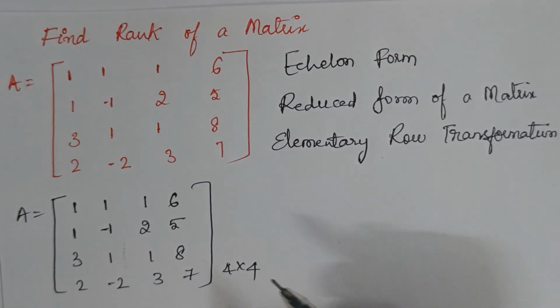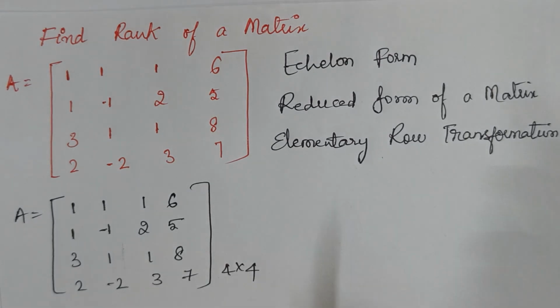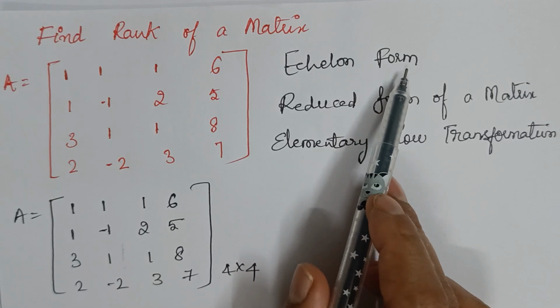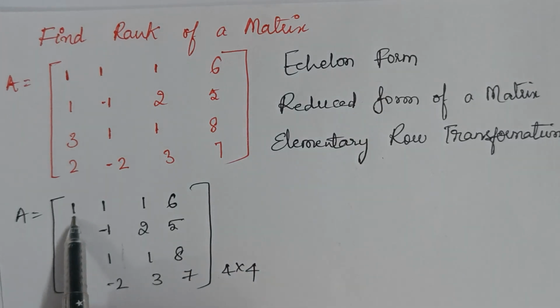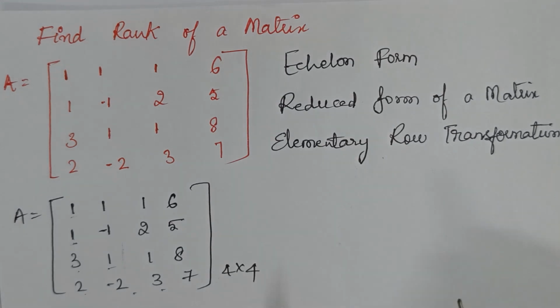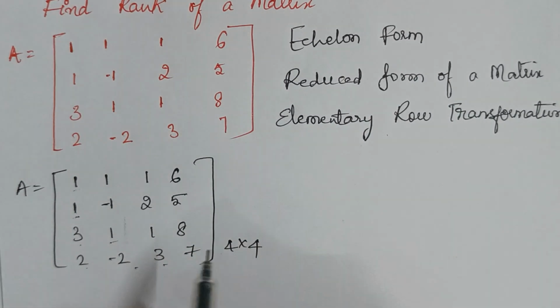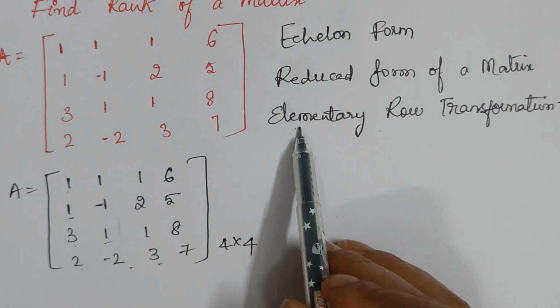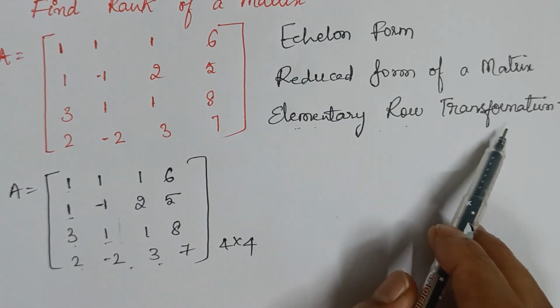Using elementary row transformation, for echelon form, what should I have? This 1 is satisfied, but the entries below it should be 0, 0, 0, 0, 0. To achieve this, I have to perform some operations using elementary row transformation.